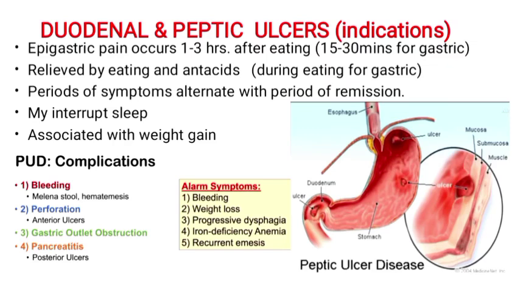This is among the complications in which there is leaking of gastrointestinal content, like gastric secretion and undigested food, into the peritoneal space. Mostly for duodenal ulcers, when perforation occurs, air collects under the diaphragm, irritating the nerve. That is the pain referred to the shoulder.